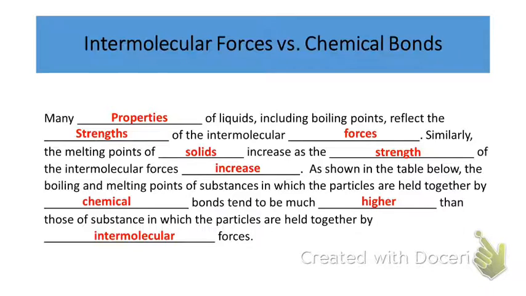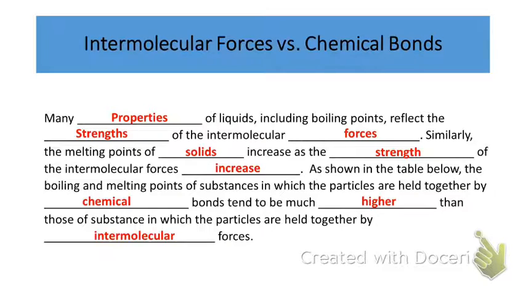So, many properties of liquids, including their boiling points, reflect the strengths of the intermolecular forces. Similarly, the melting points of solids increase as the strength of the intermolecular forces increase. As shown in the table below in your notes, the boiling and melting points of substances in which the particles are held together by chemical bonds tend to be much higher than those substances in which the particles are held together by intermolecular forces.